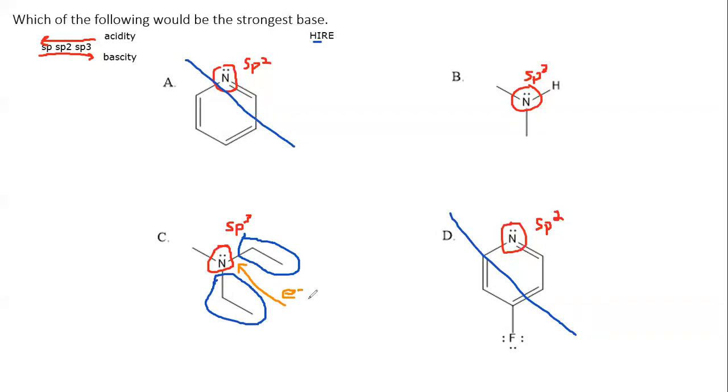You're making it more attractive to a proton. So the more negative it is, the easier it's going to grab a proton and become the conjugate acid. And so since C has 3 alkyl groups and B only has 2, and the other group is a hydrogen, C would be the strongest weak base out of these 4 given.